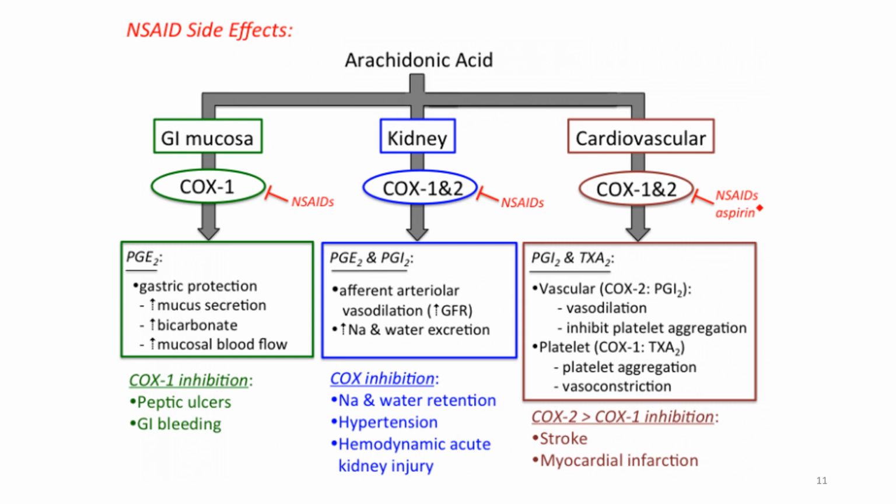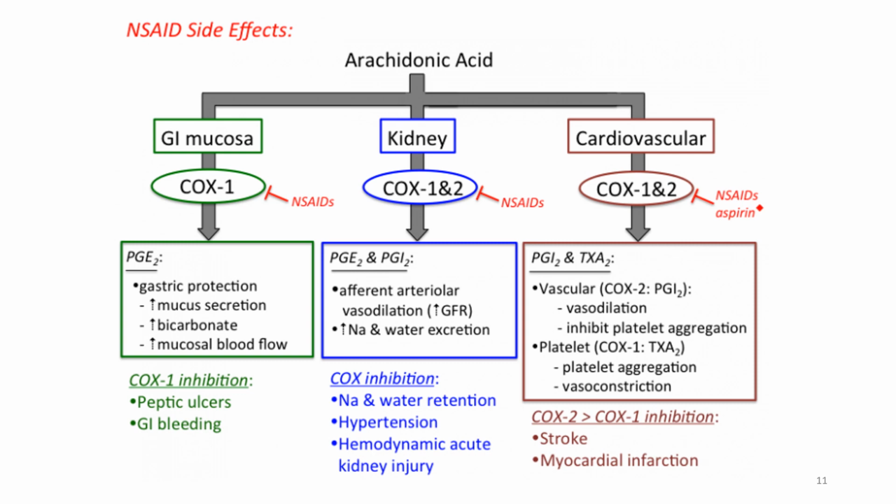This is when we talked about the platelet aggregation and the vasodilation, okay? So when you look below the three boxes, you look for what happens when we inhibit those things. So with COX-1, you're going to get those peptic ulcers and GI bleeding, okay, that prolonged bleeding.